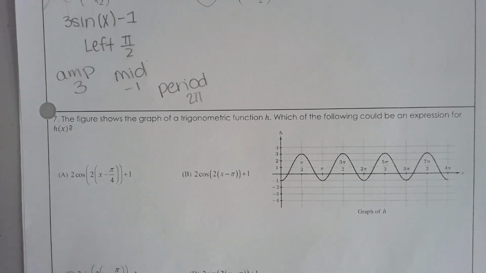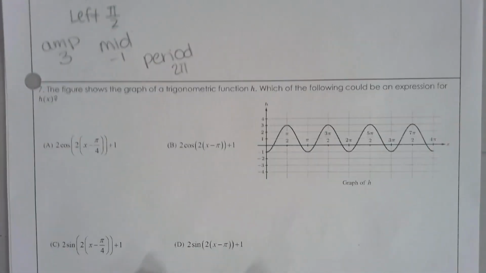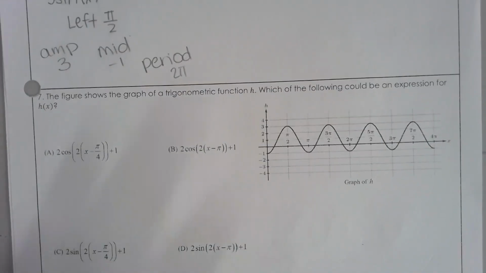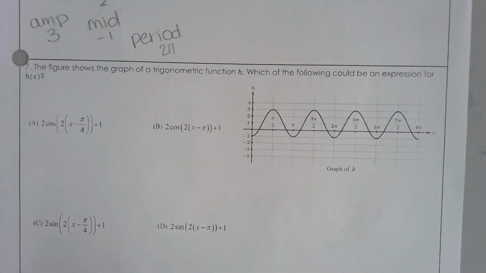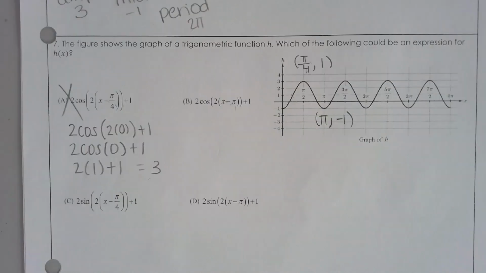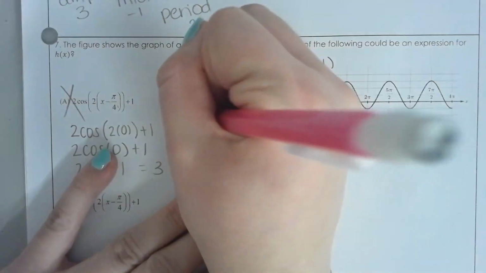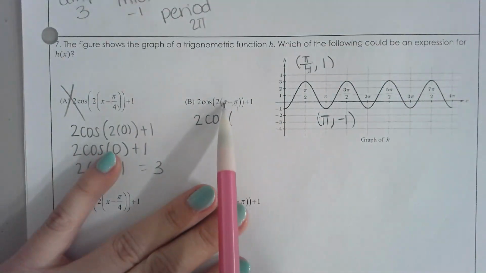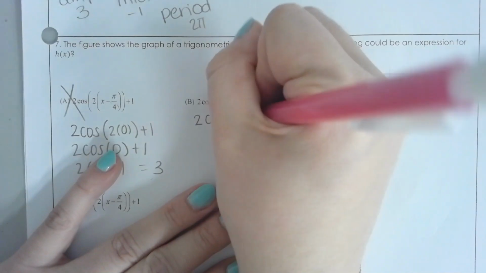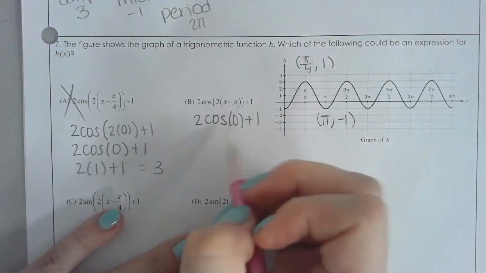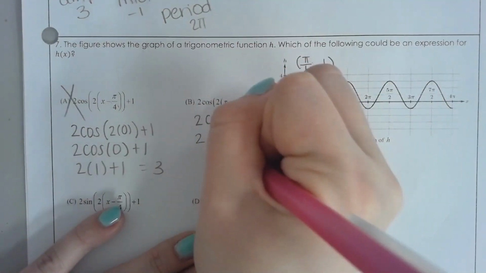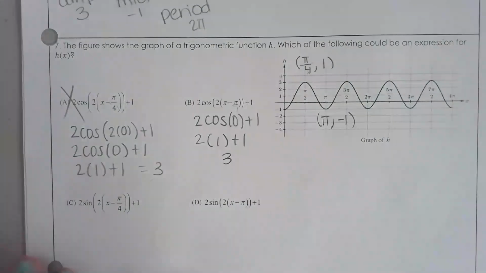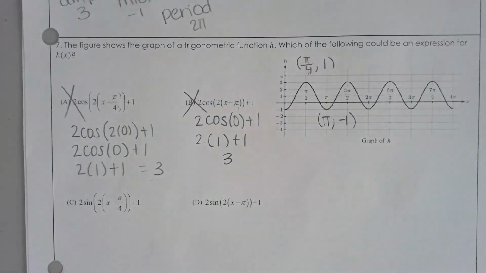Alright, so this is the same thing. So I want you to do number 7. Okay, so this would be 2 cosine. That's going to be 0. That's going to be 0 plus 1. 3. Oop, look, not -1, so it's not that one.